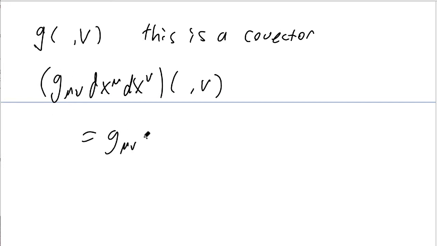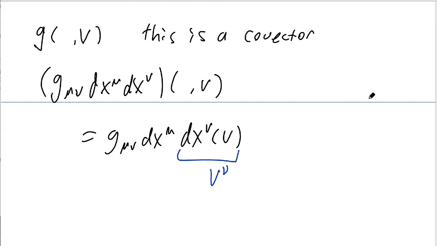So this is g mu nu dx mu dx nu acting on v. And now remember, dx nu acting on v just gives the components of v. So this is equal to g mu nu times v^nu dx mu.